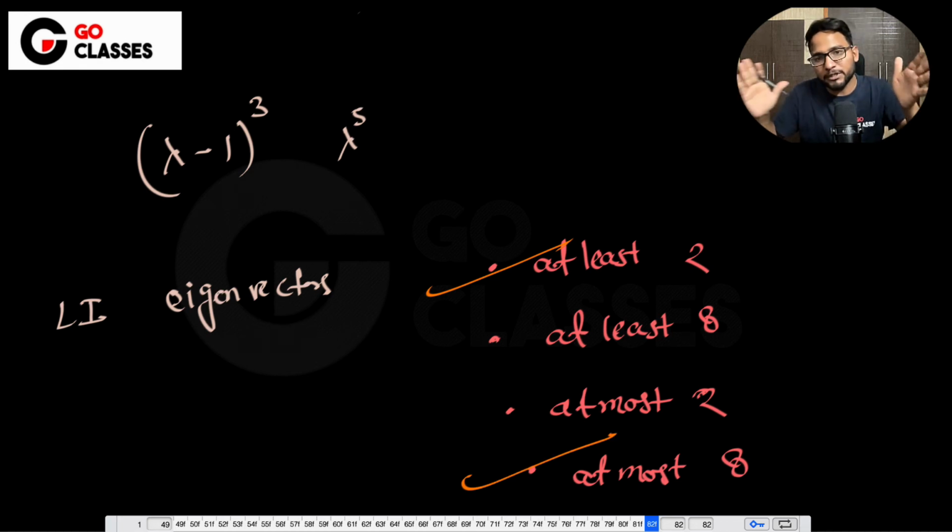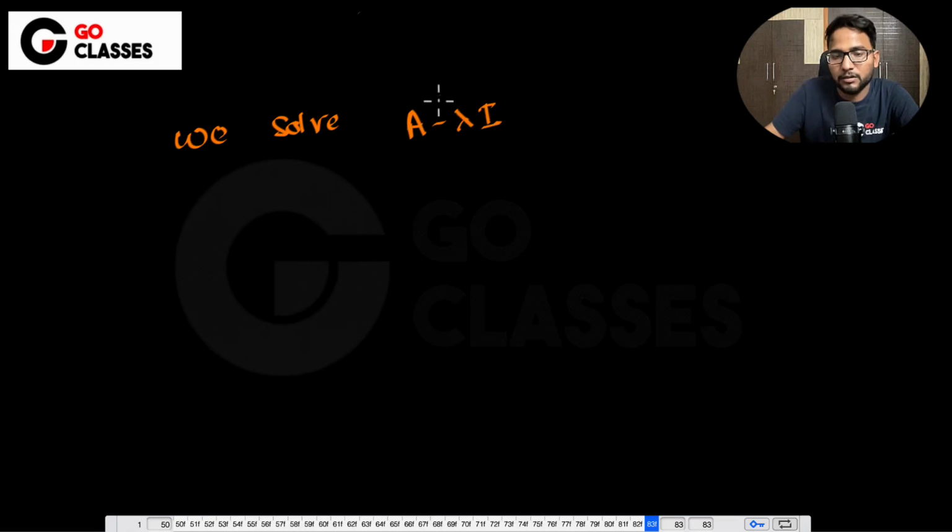Now let me just twist these kind of questions a little bit. Maybe let me just see if you can answer it. Suppose I say that we solve (A minus lambda I) x equal to 0.